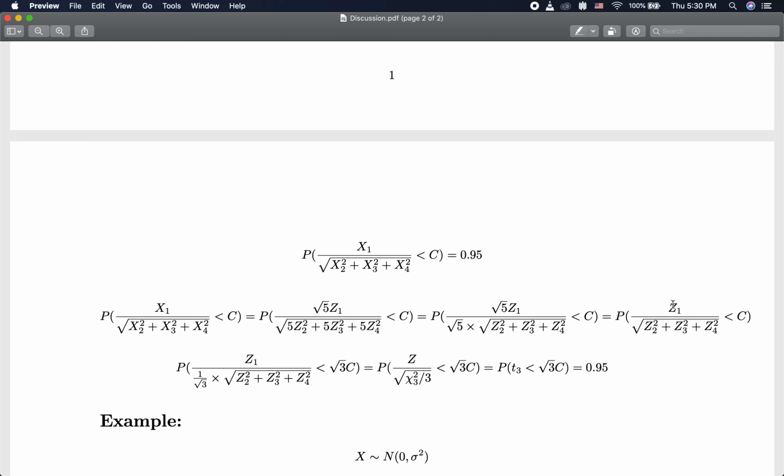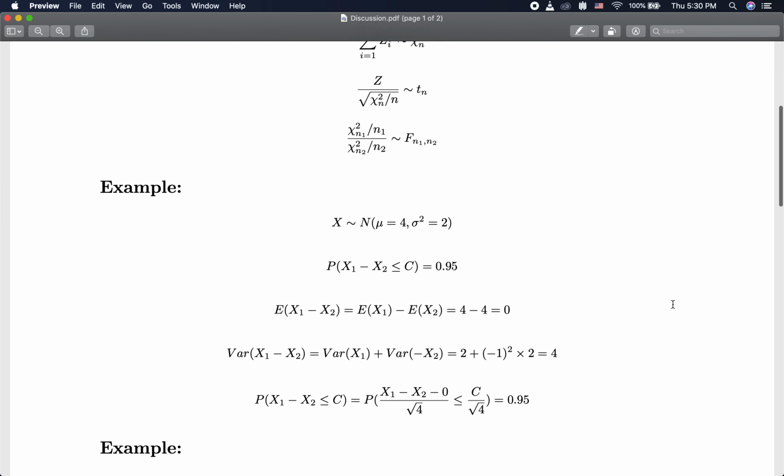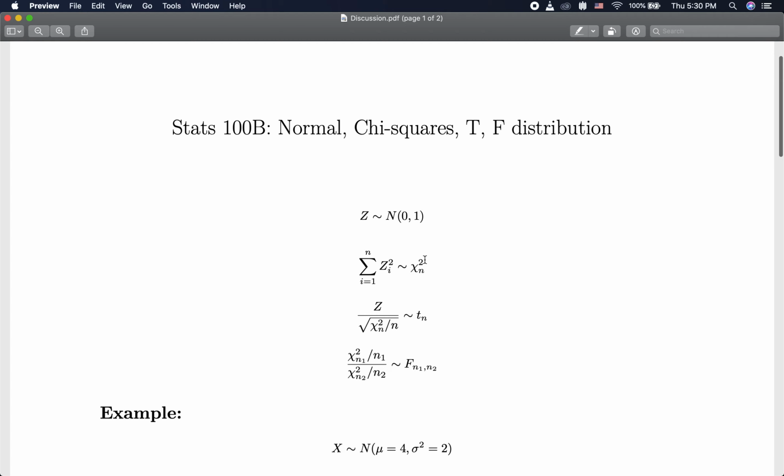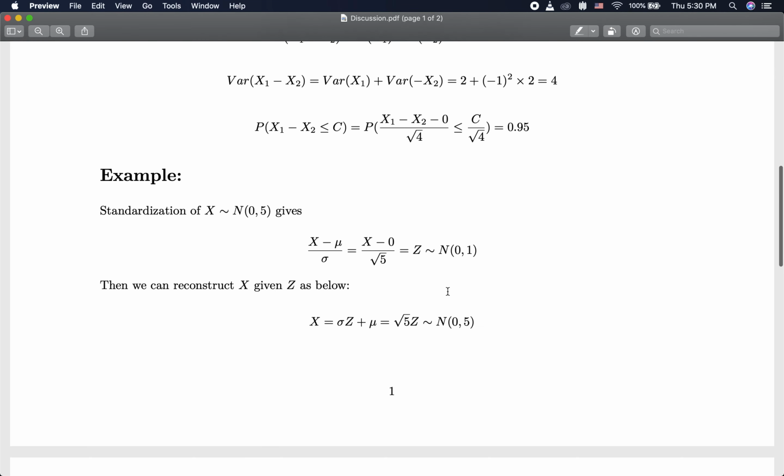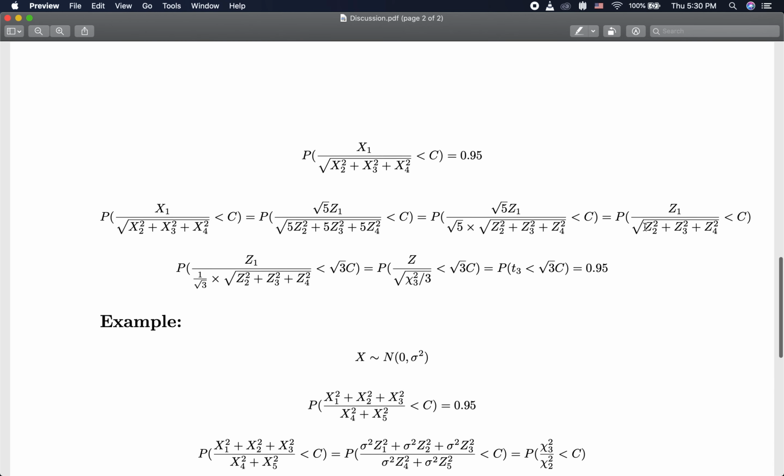Okay, so from our definition of the t distribution as well as the chi-square distribution, here we will find out that 3 copies of IID standard normal, squared, will give us a chi-square distribution with degree of freedom 3.